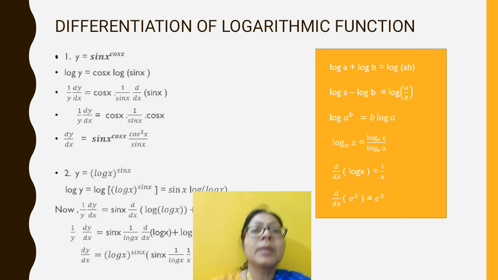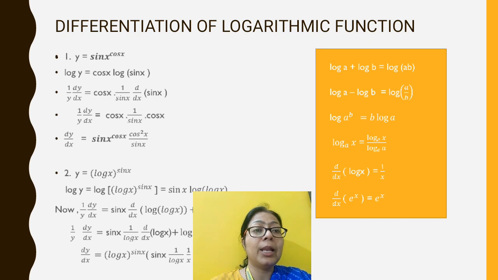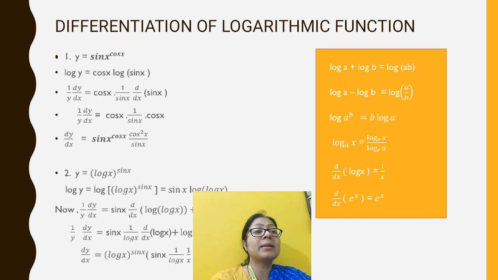So if we take log, the left hand side becomes log y and the right hand side becomes cos x times log sin x. The power comes in front, using that third formula, log a to the power b is b log a. So cos x comes in front, log sin x.